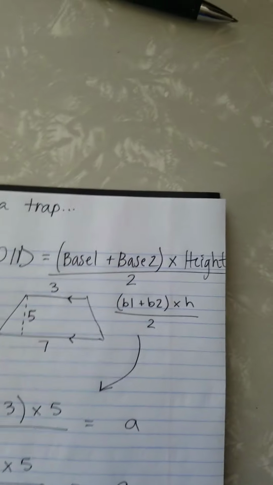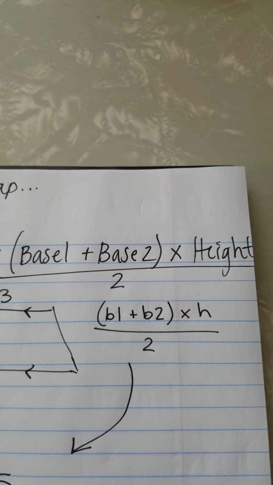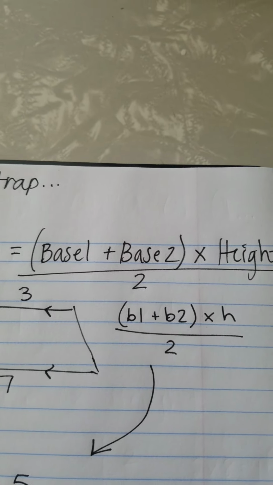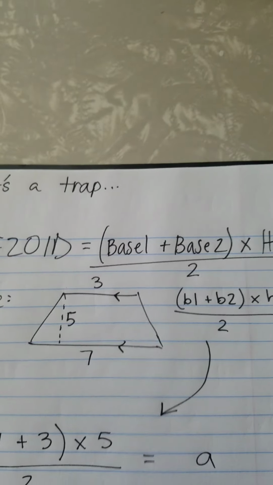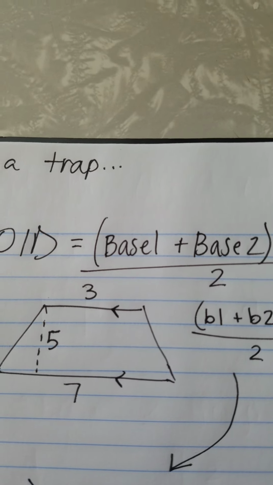it's a trap. Oh, it's a trapezoid. So this one, it looks really confusing, but the formula, it makes sense. So if you look at B1 plus B2, that's pretty much saying, well, what are the bases? You add them first. So if you look at my picture right here, how do you know what the bases are?